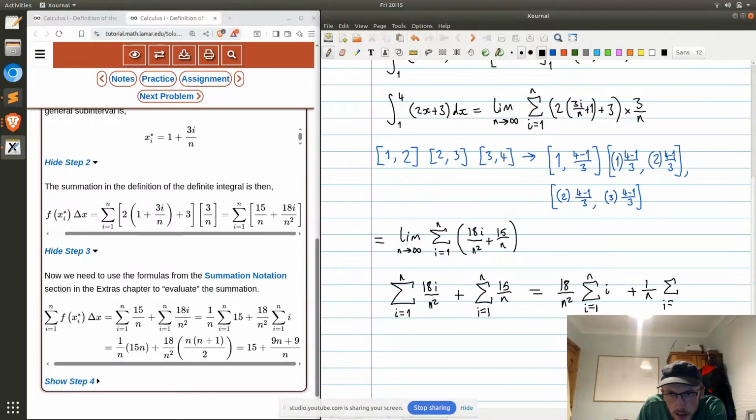You can also do that. Now we know that that's n times 15, and that's a 1 over n of n times 15, so it's just literally 15.